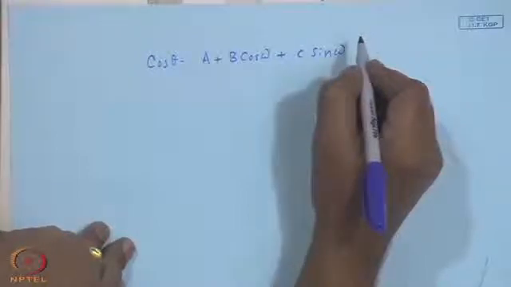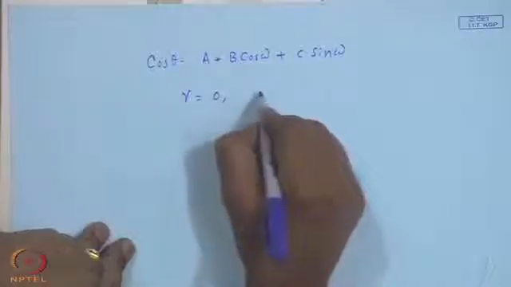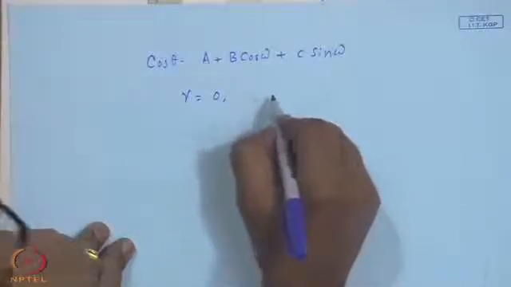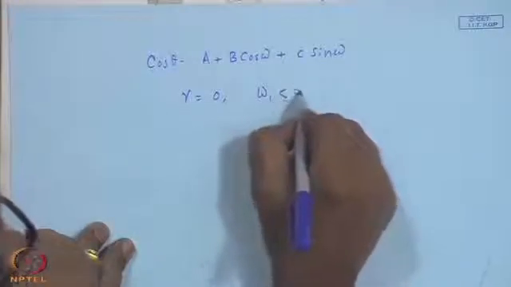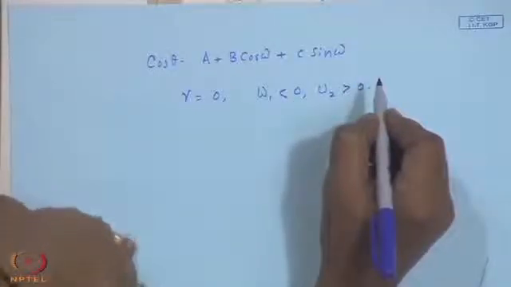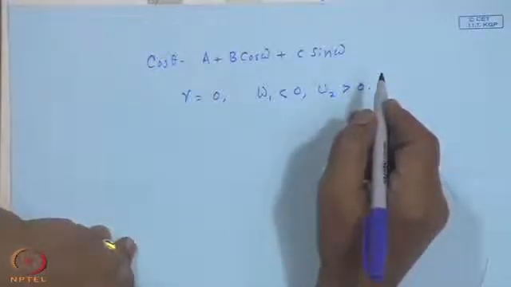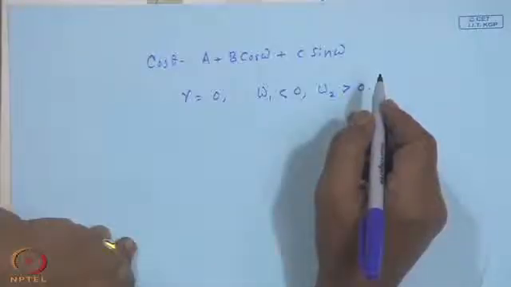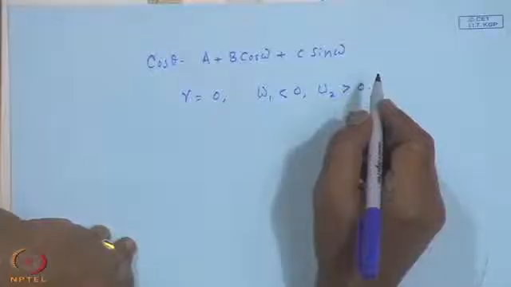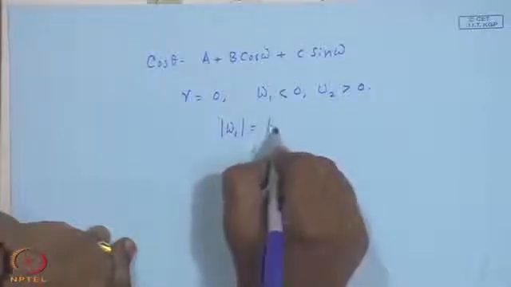If gamma is 0, omega 1 will be less than 0 and omega 2 will be greater than 0, because theta will be pi by 2 at sunrise and sunset. So, if it occurs, it should be in the forenoon that omega 1 is less than 0 and omega 2 is greater than 0. Further, the magnitudes should be equal.